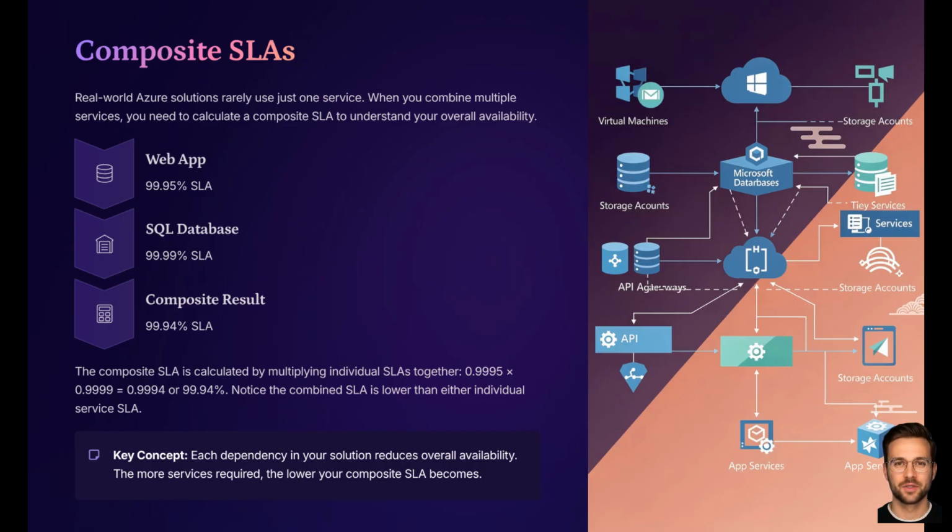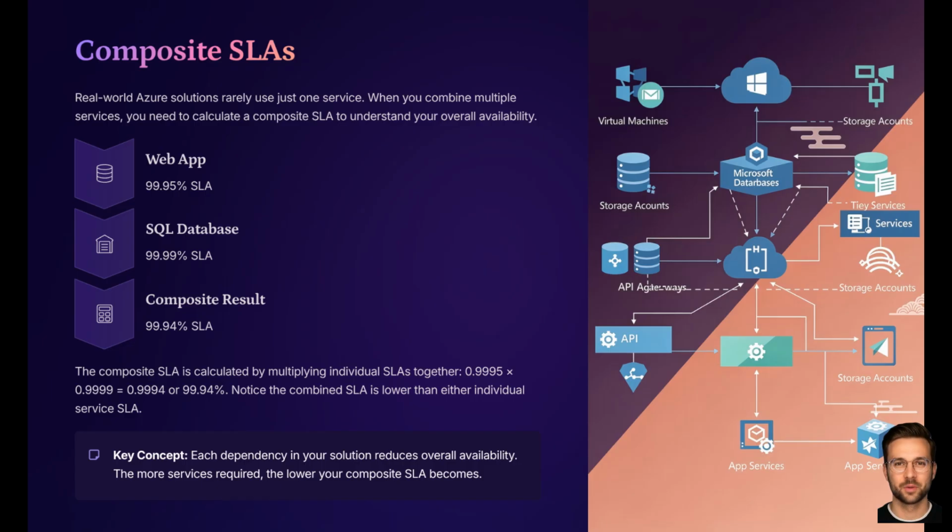This is lower than either individual SLA, because both services need to be available for the solution to work. This idea is important for AZ-900, because it shows that adding more dependencies can decrease the overall availability of a solution if you rely on each component being up. On the other hand, you can sometimes improve solution availability by building redundancy.